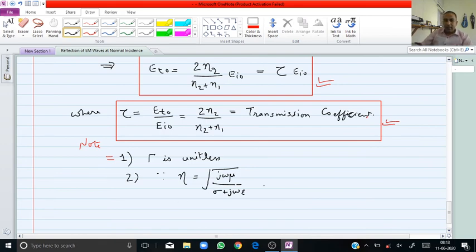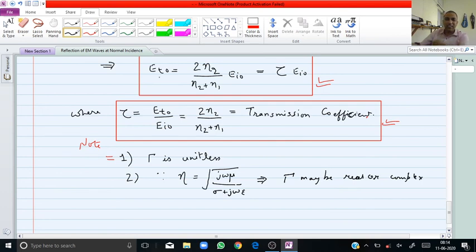So R may be real or complex. It may be complex also.